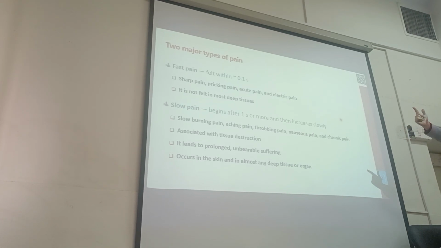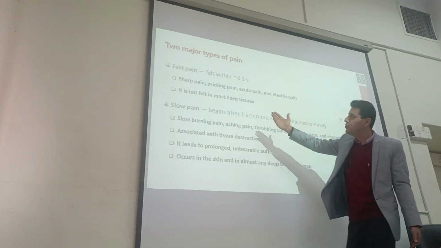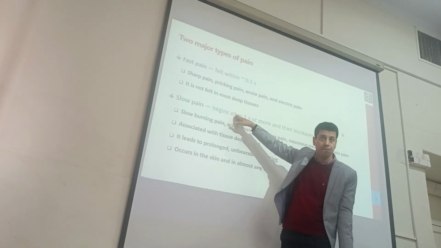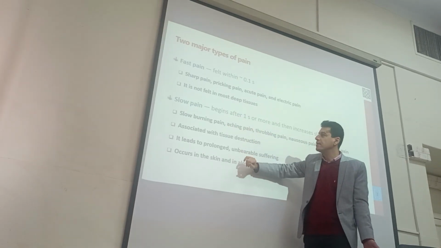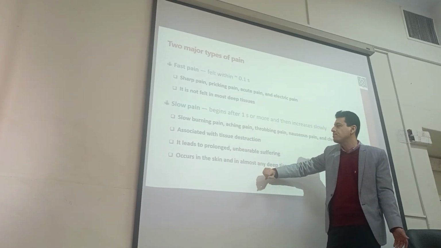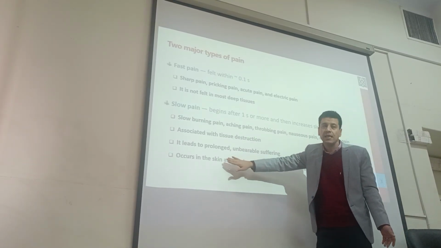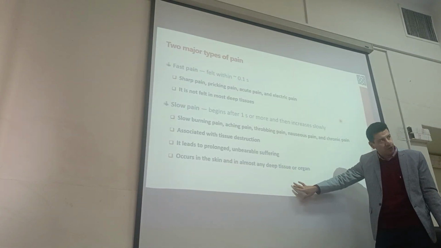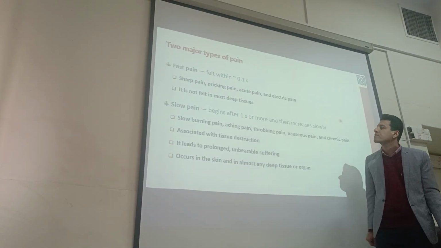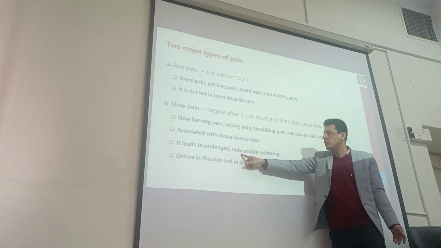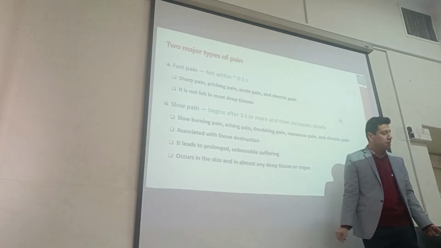Fast pain is usually felt in superficial tissues, not in deep tissues. But slow pain can be associated with tissue damage both in skin, superficial, and deeper tissues, right? So this type of pain is prolonged and causes unbearable suffering.